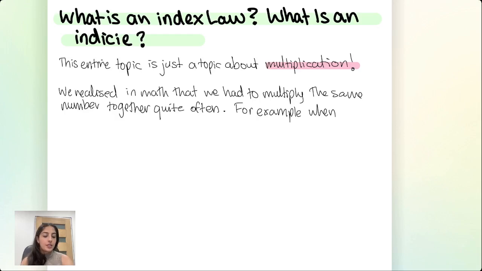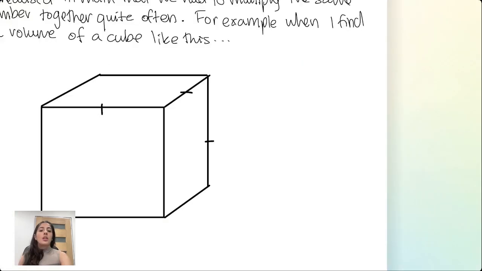When I find the volume of a cube, like this, let's say this is the cube, and I'm going to say, well, this cube represents a swimming pool, and it's a ginormous swimming pool for, I don't know, hippos. Let's say I'm a zoo designer and I'm making a swimming pool for hippos. I'm sure someone's done that.